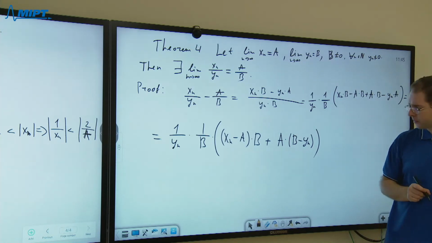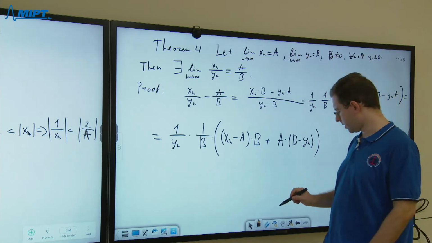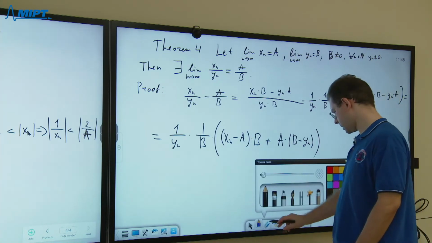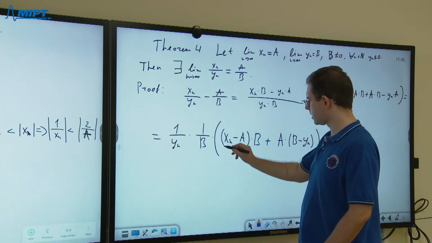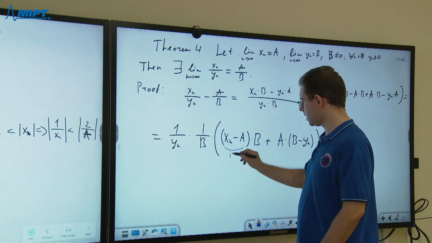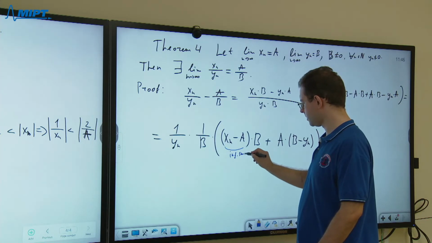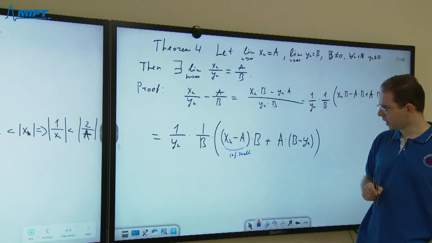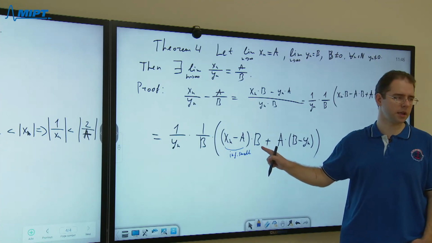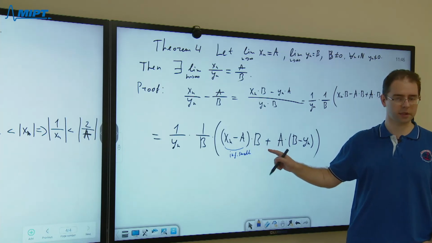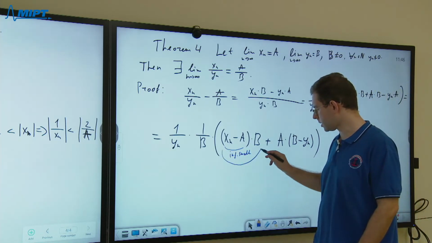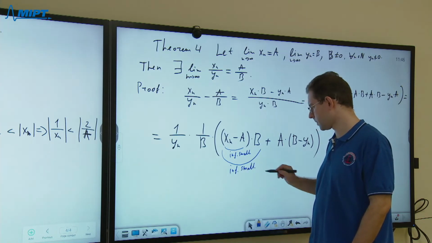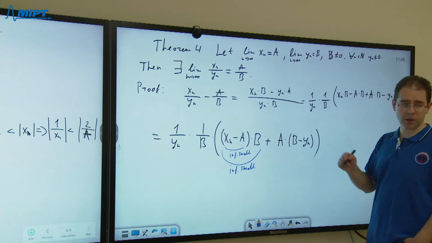And once again, this expression is, let me use a different color, an infinitely small sequence. If we multiply by a constant, as we discussed, it would also be infinitely small. The same happens here.